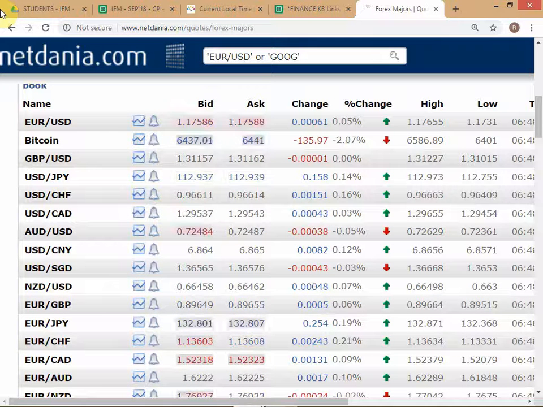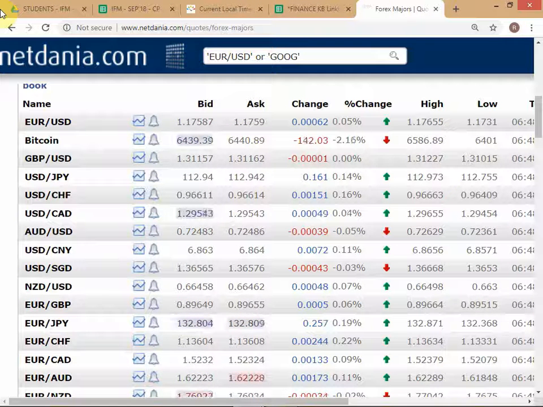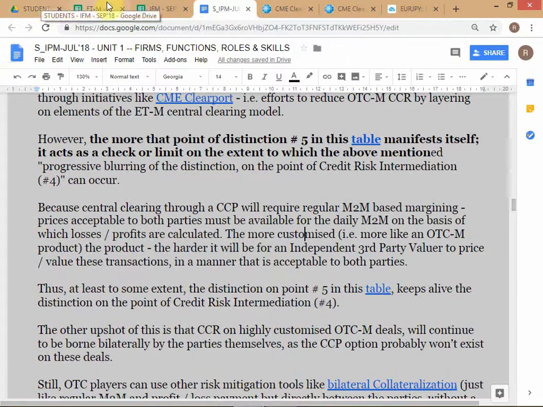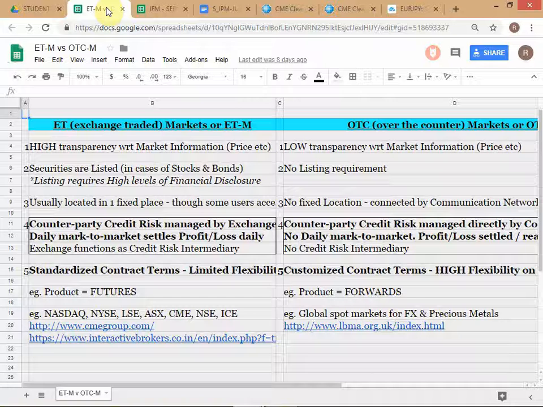Yes, sir. So one of the points of distinction is limiting the extent to which you can blur the distinction on the other point. So distinction on point number 5: the more customized the contracts in OTC markets, the less you can blur the distinction on point number 4.